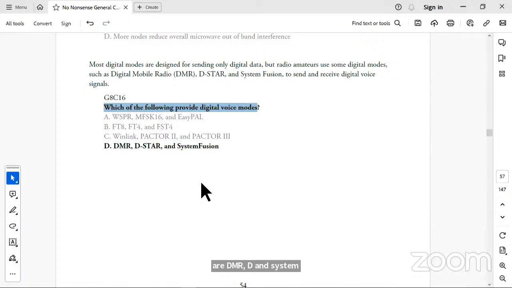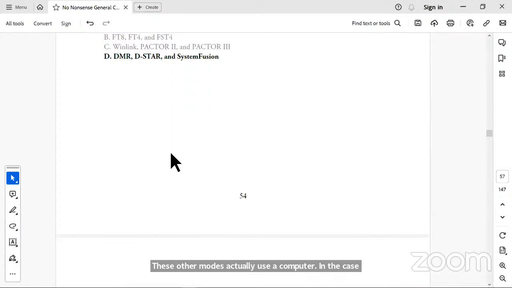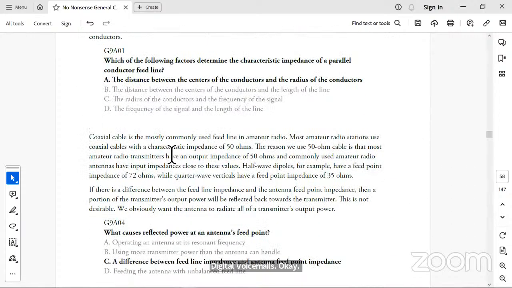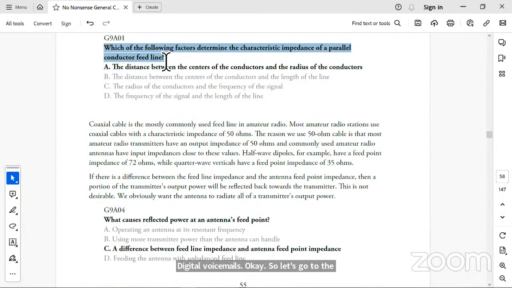Those are digital voice modes. The other distractor answers are also digital modes, but they're not digital voice modes. These other modes actually use a computer. In the case of DMR, D-Star, and System Fusion, you can use your voice and speak into it, right? Digital voice modes.